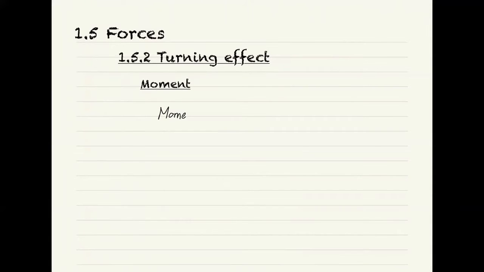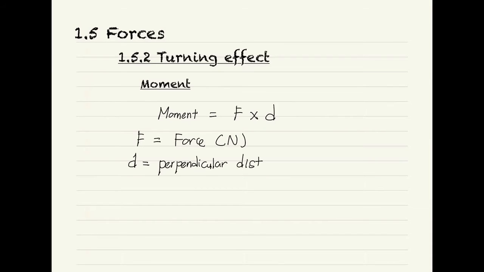Moment will be equal to F times D. F is the force with the unit Newton. D is perpendicular distance from pivot, or sometimes we also can write perpendicular distance from turning point.